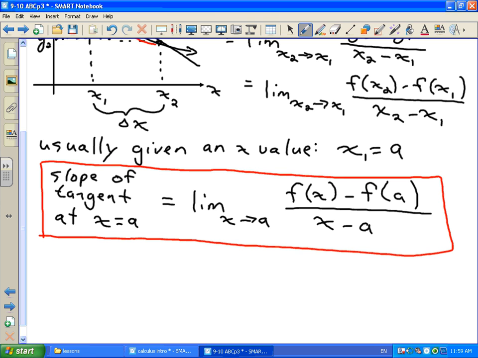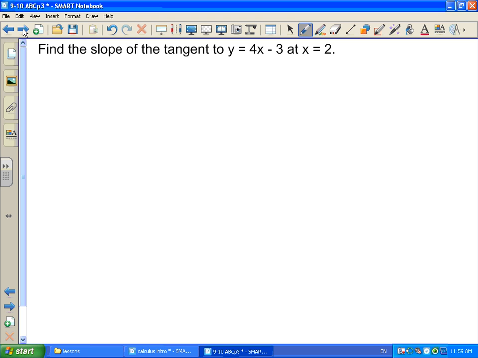Okay, let's take a look at a specific example here. Find the slope of the tangent to the curve y equals 4x minus 3 at the point x equals 2. Okay, and we'll start by writing out that nice little expression we had before.